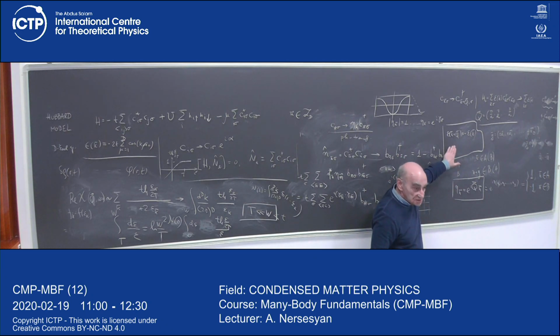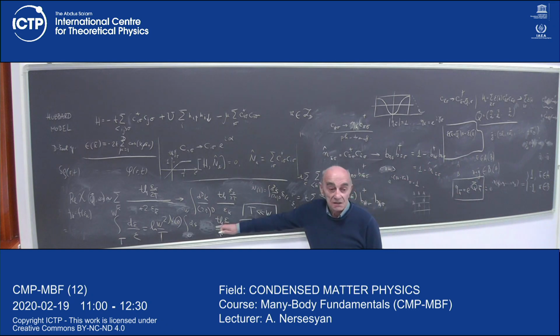Everything is due to this condition. The nesting condition in any space dimension: because we are in some way discussing now the properties of the Fermi surface, if the Fermi surface is such that this property is obeyed, then this follows immediately.